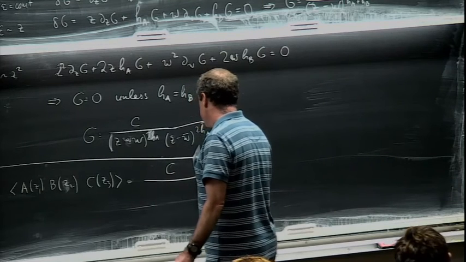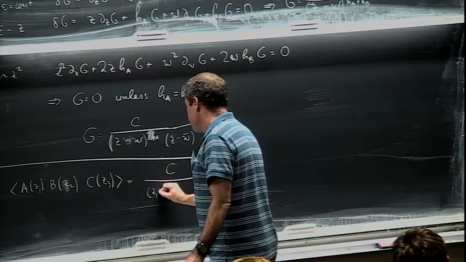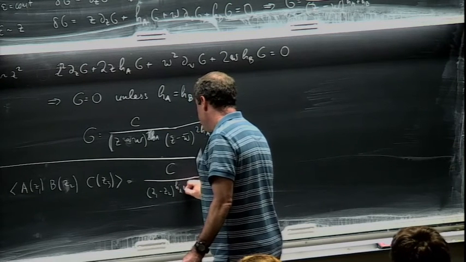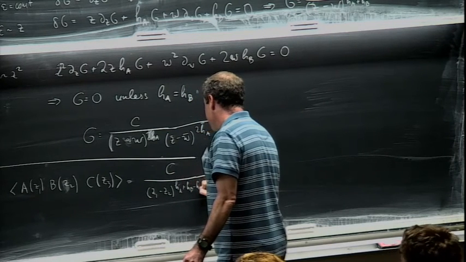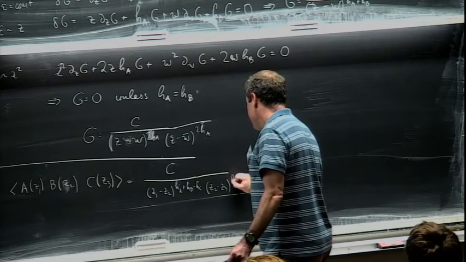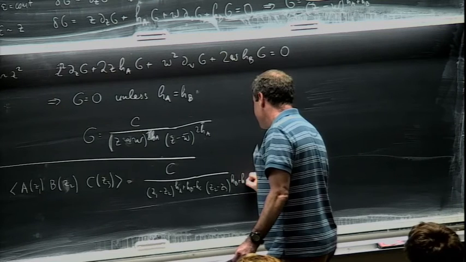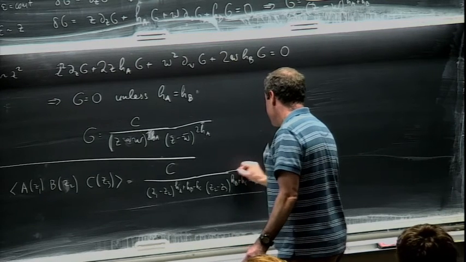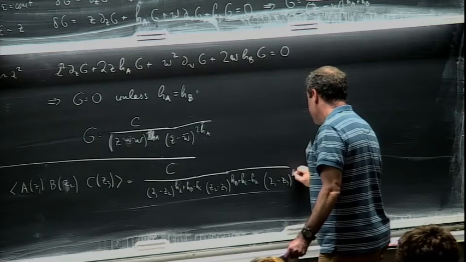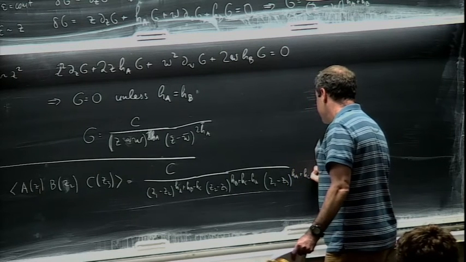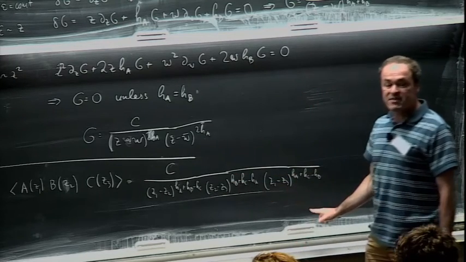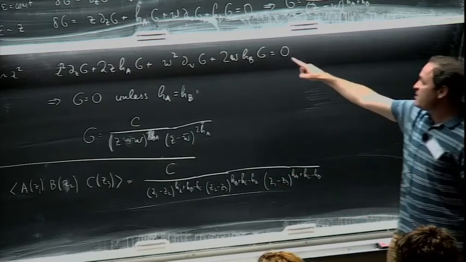It has z1 minus z2 to the power ha plus hb minus hc, times z2 minus z3 to the power hb plus hc minus ha, times z1 minus z3 to the power ha plus hc minus hb. And this particular assignment of powers between these 3 is due to conformal transformations.